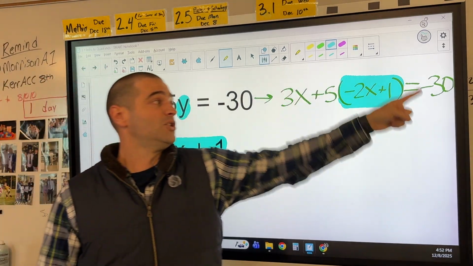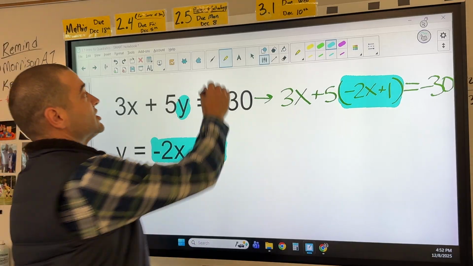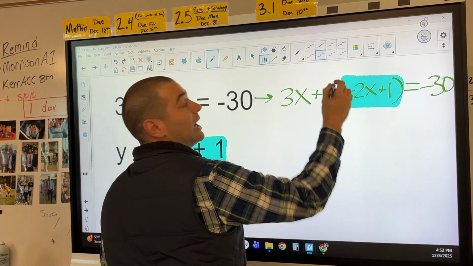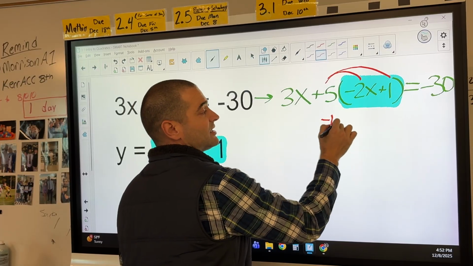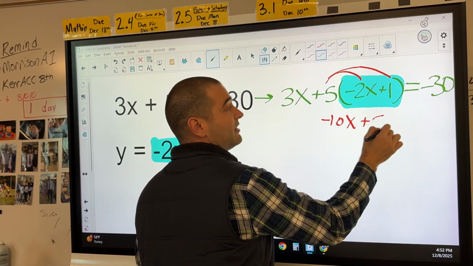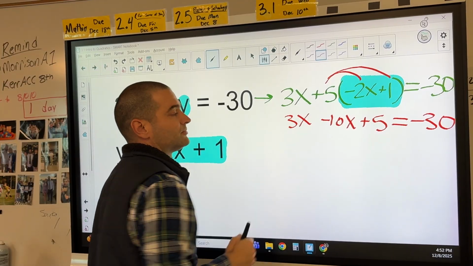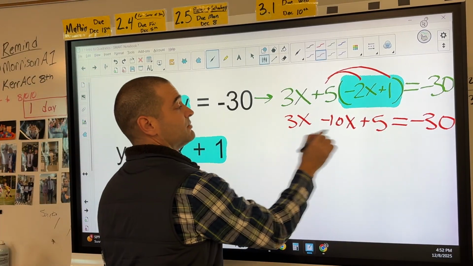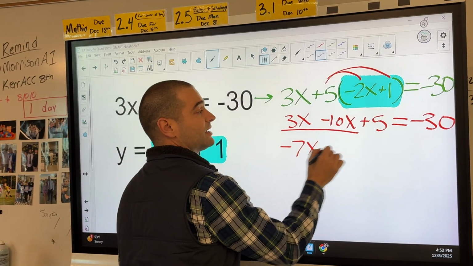What's good about this new equation is that it only has one variable. If there's only x in it, we can solve it. So that's what we're going to do. I'm going to distribute. That is negative 10x plus 5 equals negative 30. Bring down this 3x. I can combine like terms. This 3x minus 10x is negative 7x.